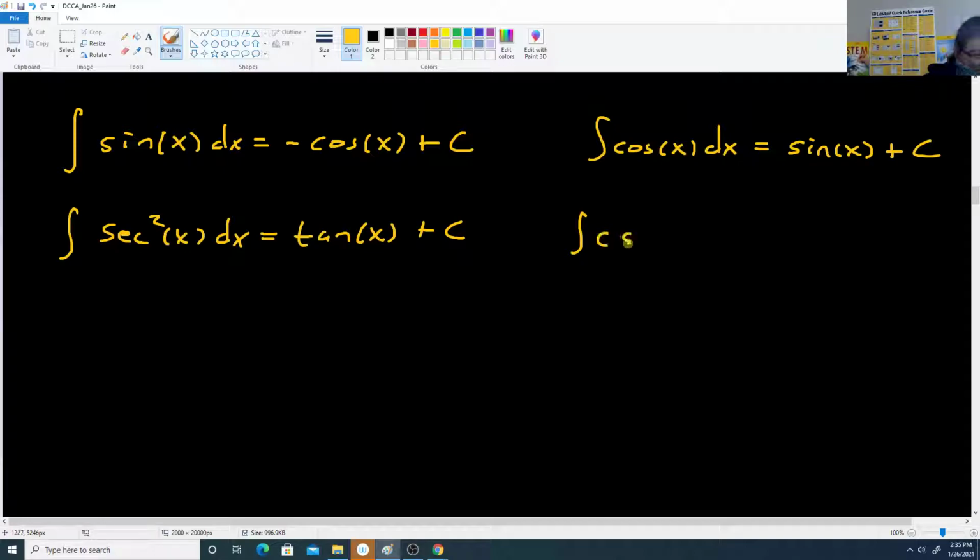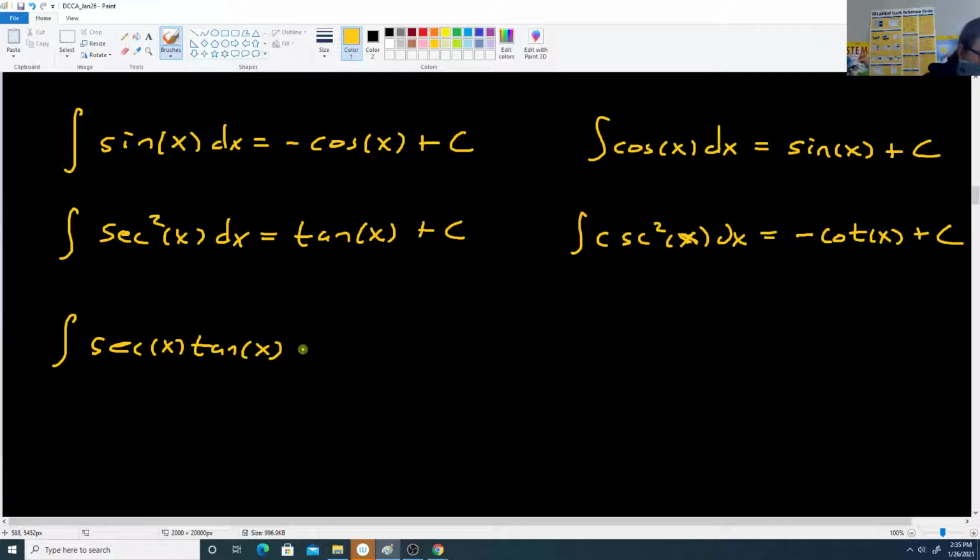Integral of cosecant squared of x dx. Derivative of cotangent was negative cosecant squared, so negative cotangent will have derivative positive cosecant squared. And the integral of secant of x tangent of x.